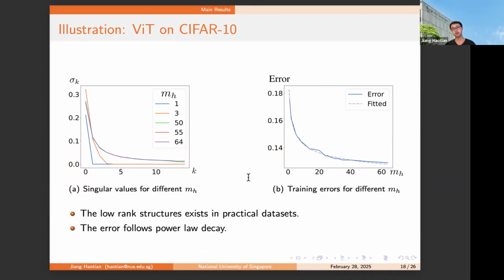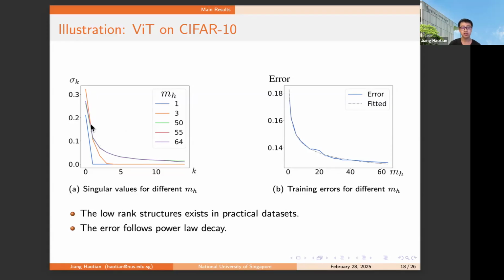Because we cannot directly estimate the singular values of a target relationship, we estimate them through a series of transformers with increasing attention size.